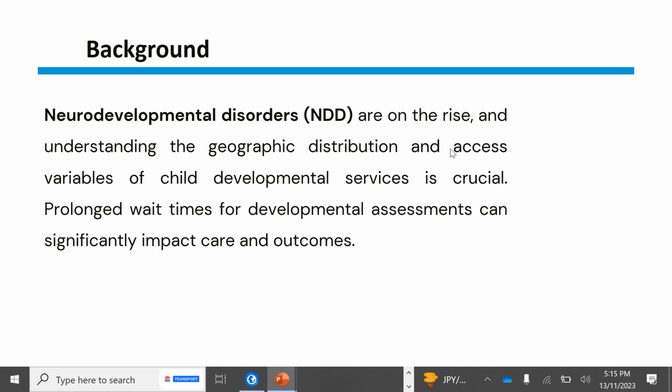Understanding the geographic distribution and access variables of child development services is crucial. Prolonged wait times for developmental assessment can significantly impact care and outcomes. That gave us the motivation to apply the techniques we used in this study.